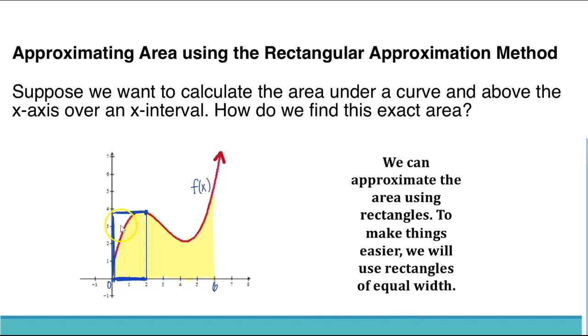So there's one rectangle. So this first rectangle to approximate the area is a little bit of an over approximation because I would be collecting this extra area that I don't actually want. So now let's go ahead and construct a second rectangle with the same width. So let's say between 2 and 4 because that's a width of 2. And I'll go ahead and stick to using the right side of the interval to find the height. So I'm going to find the y value of the function at 4.